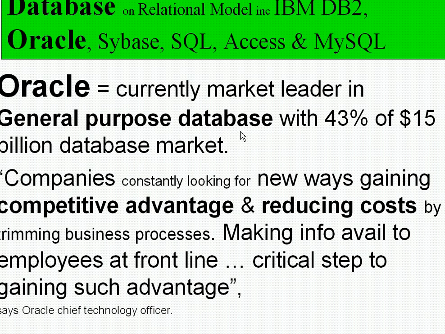Oracle currently is the market leader in general purpose databases with 43% of the £15 billion dollar market. It suggests, says the Oracle Chief Technology Officer, that companies are constantly looking for new ways of gaining competitive advantage and reducing costs by trimming business processes.